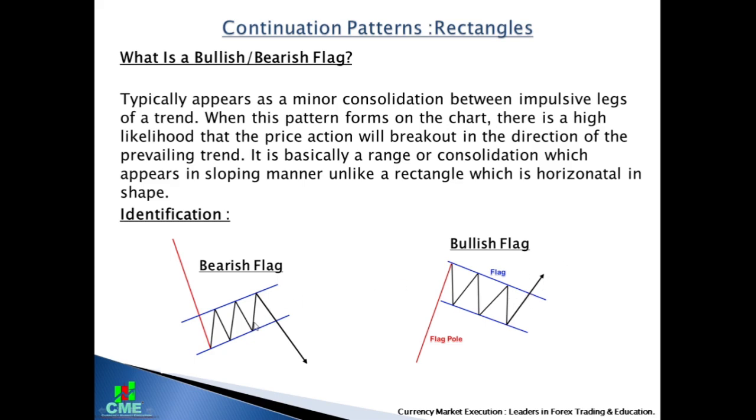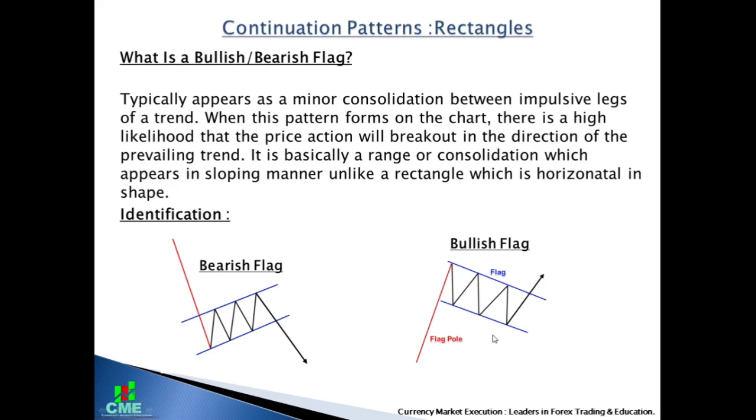The only other feature is that people would look at the flagpole and measure this as their target. They would say once it breaks out here, you would measure this as your target. Some would put a stop loss here at the bottom, and then they would aim for the length of this pole here. So that's what usually would happen.